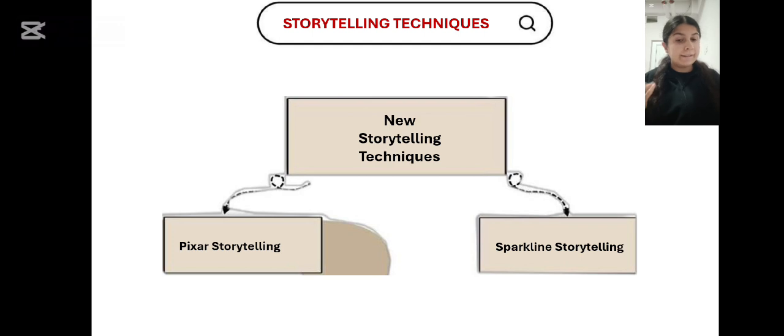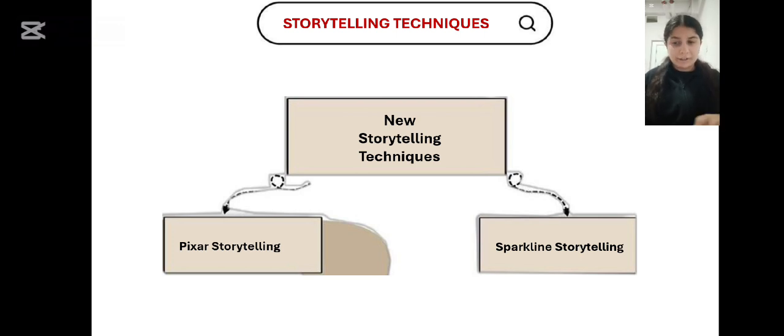Sparkline storytelling technique. The main idea is using contrast in presentation and asking two questions: what is and what could be? This contrast is a dynamic method of engaging the audience. So now let me ask you, how would you like to tell your stories?